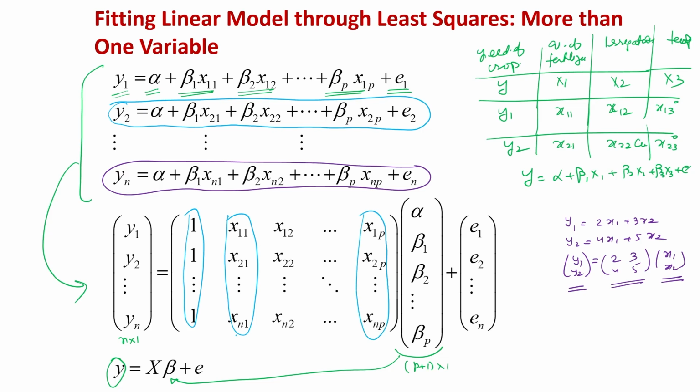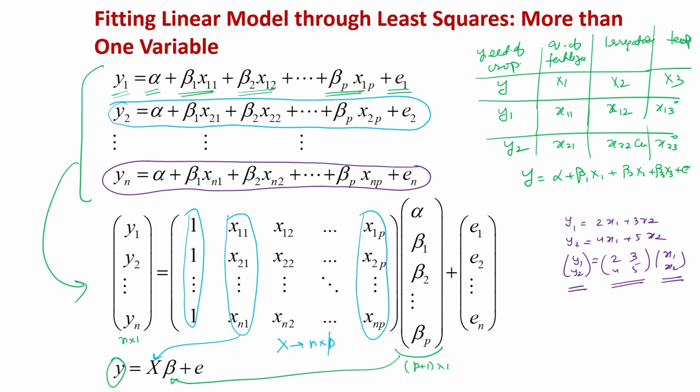All these values are written as x, which is an n cross p matrix of observations on p independent variables. So there are altogether n observations on each of x1, x2, xp, and all these observations are combined in the matrix x.